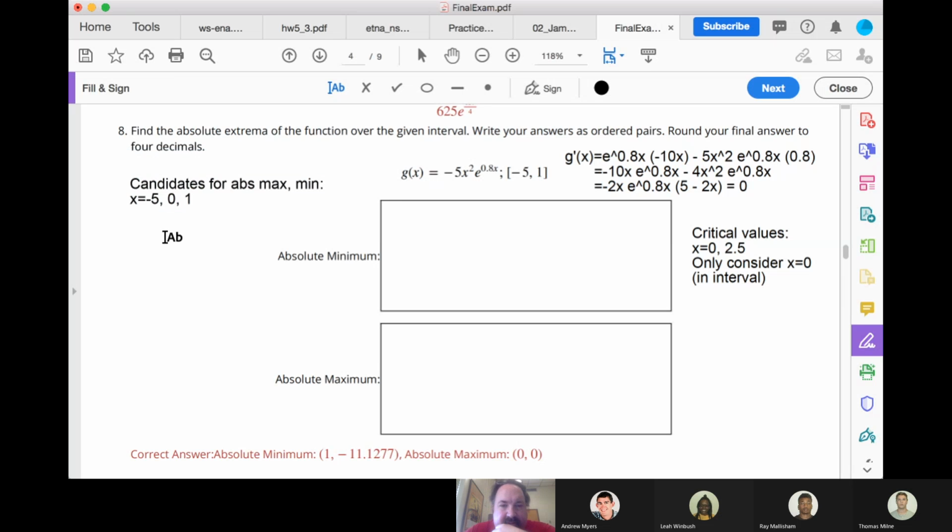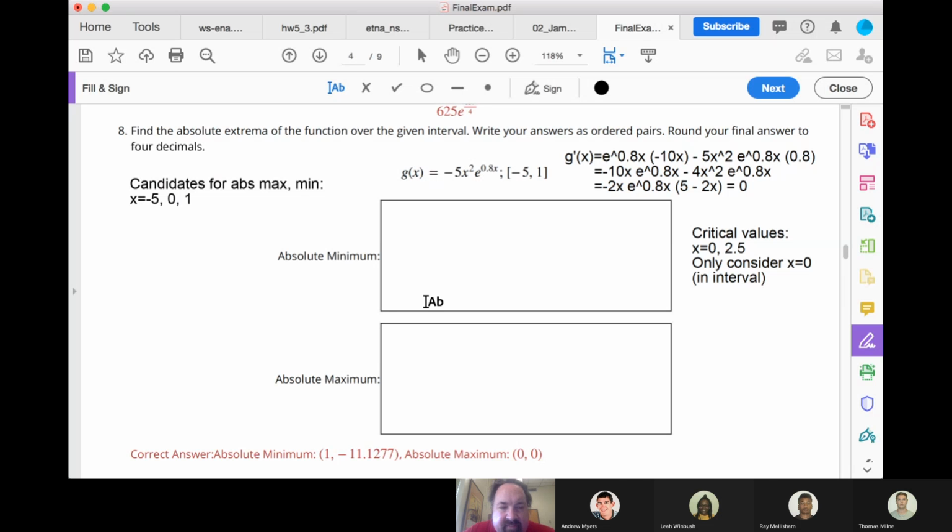So then what you would do is substitute all of these x values into the original function, and then the smallest value is the min, the largest value is the max.